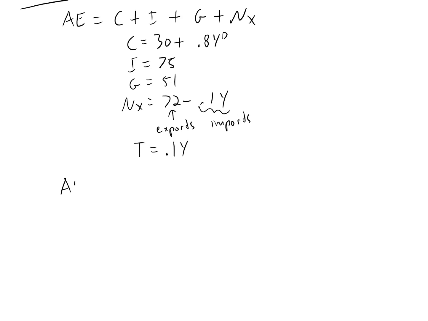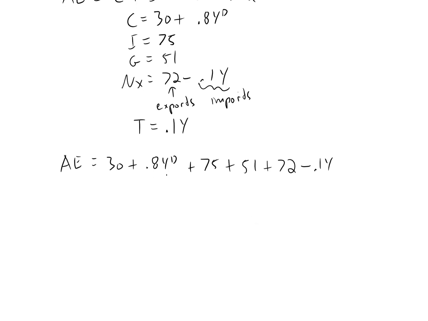So AE equals 30 plus 0.8 times YD plus 75 for investment plus 51 for government expenditure plus 72 for exports minus 0.1 Y for imports. Now again, we have to deal with this YD.